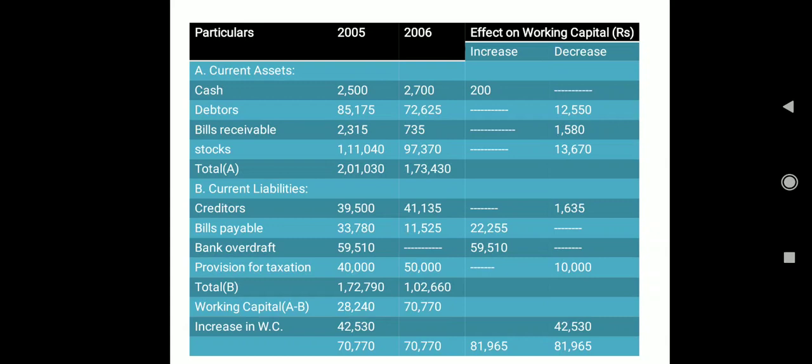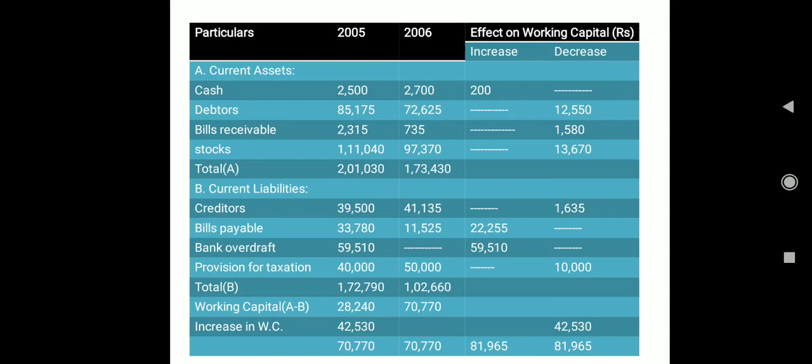I hope you have understood. Now some small points to keep in mind. When the question is about preparing a statement of changes in working capital, whatever additional information is given outside the balance sheet will not have any impact on the statement of changes in working capital. We are not going to consider it.